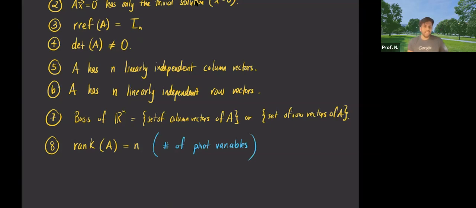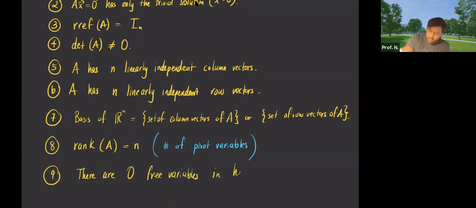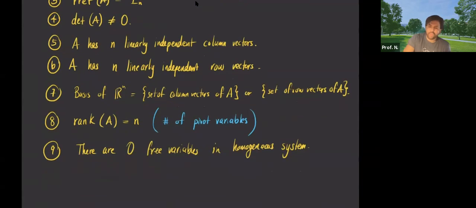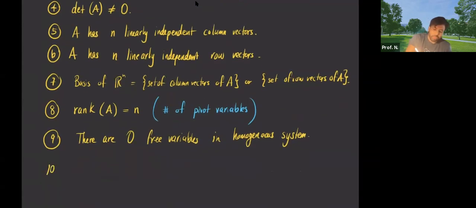So if we have n pivot variables, how many free variables do we have? 0. There are 0 free variables in the homogeneous system. So if we have 0 free variables, what else do we know?